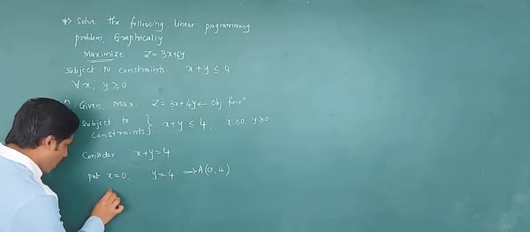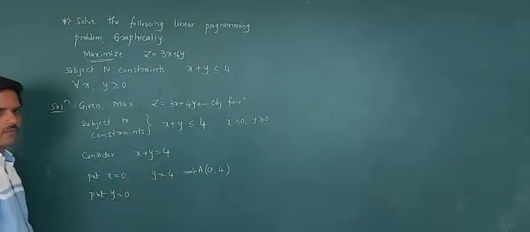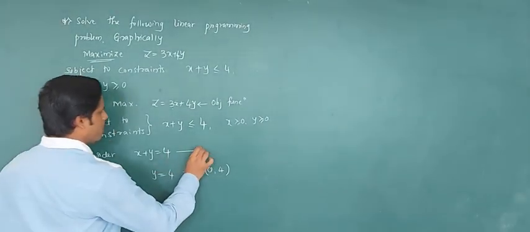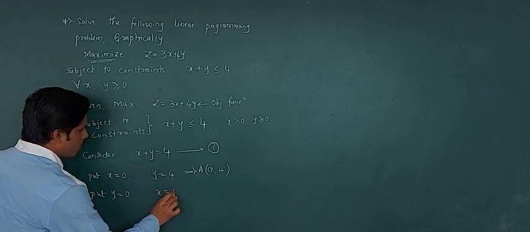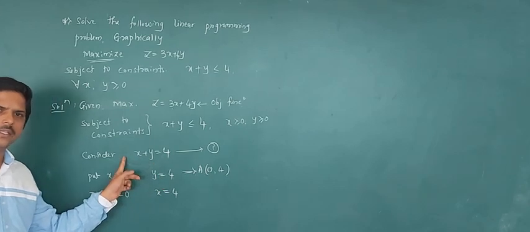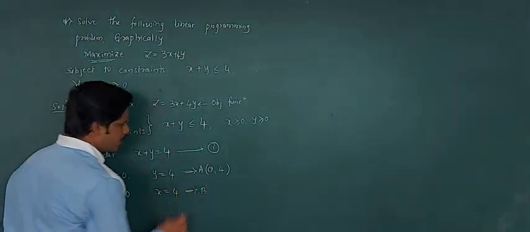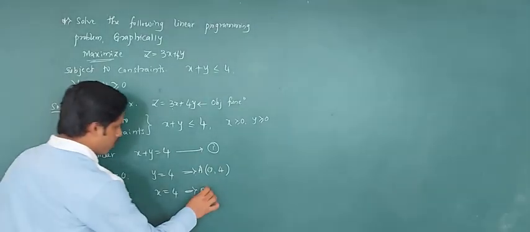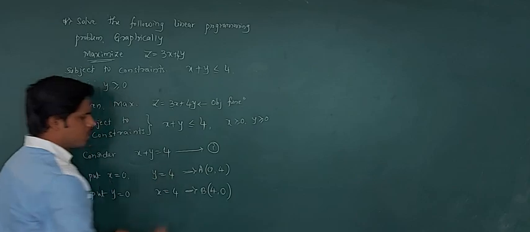Now put y equal to 0 in this equation, call this equation number 1. Then we get x plus 0 equal to 4, so x equal to 4. I will consider this as the second point, x equal to 4, y equal to 0.